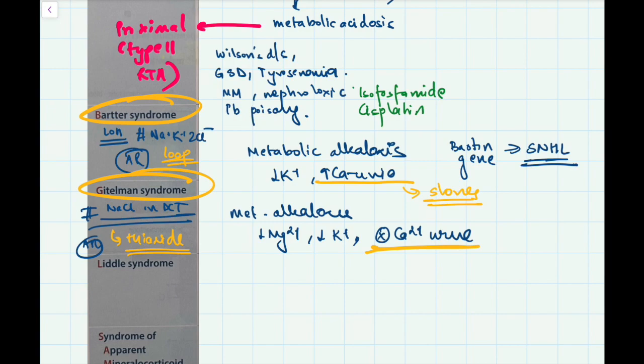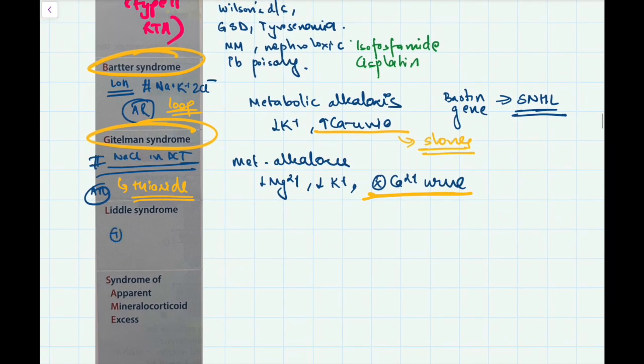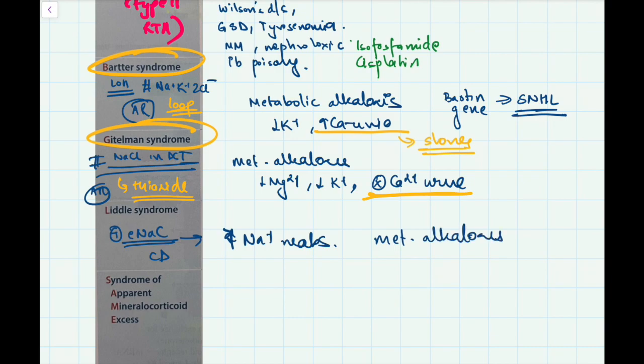Next is Liddle syndrome. Here there is a gain of function mutation of the ENaC sodium channels, which are present in the collecting duct. Due to this there is increased sodium reabsorption. Again there will be metabolic alkalosis, then potassium loss leading to hypokalemia, and hypertension.